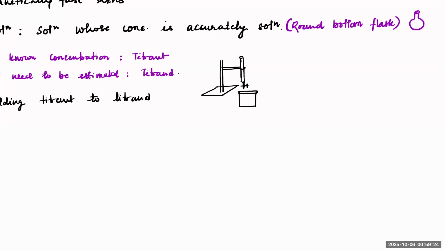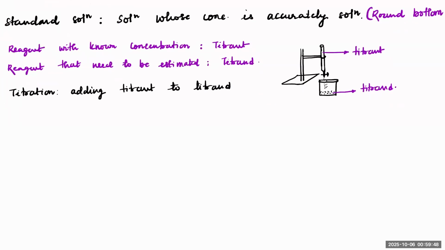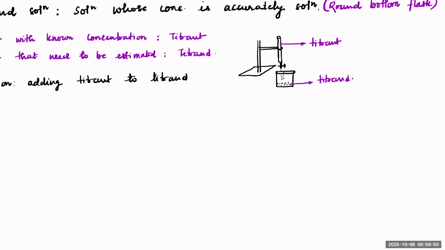So from here, we are trying to add to the solution which is already existing here. So which one do you think is titrant now? This one is titrant, and the solution which is already present is titrand. Got it?